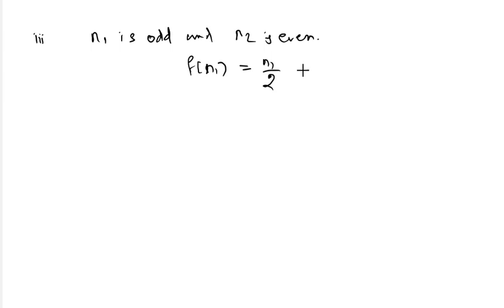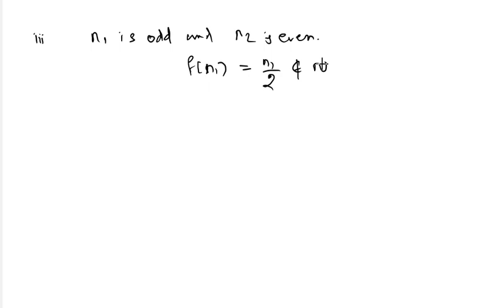An odd number by 2. So an odd number by 2 cannot be an even number, and does not belong to n.